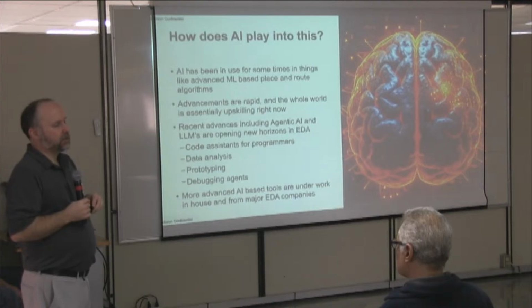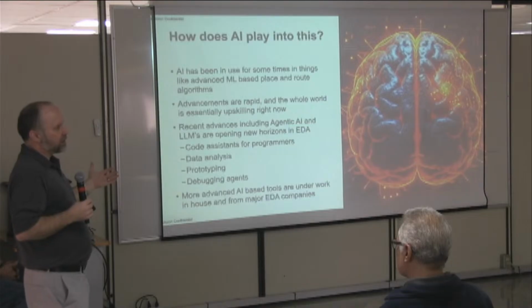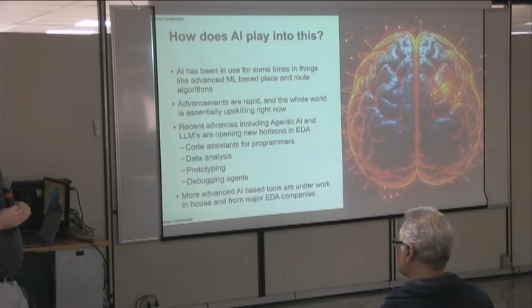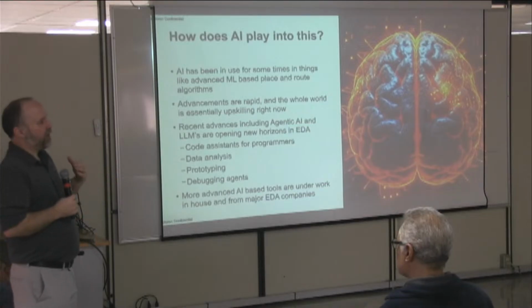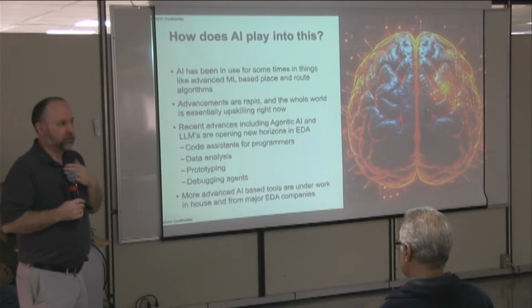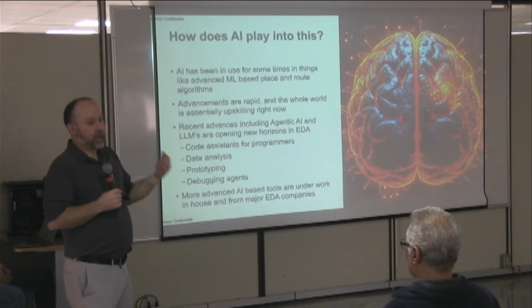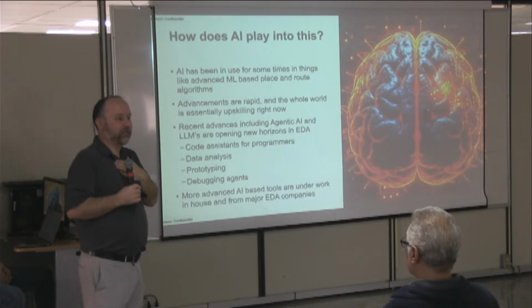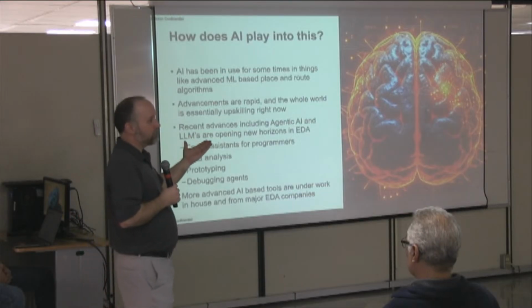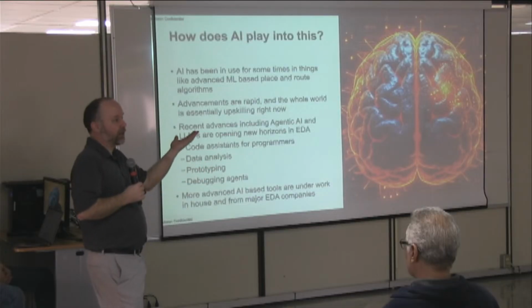AI is a very powerful tool, but there's also some interesting ethical questions. For a company like us, if I asked AI to make me a flip-flop, it absolutely can. It could design me the schematic for a flip-flop. Is that a patented flip-flop that maybe Samsung built? Because where did that AI tool get that knowledge?